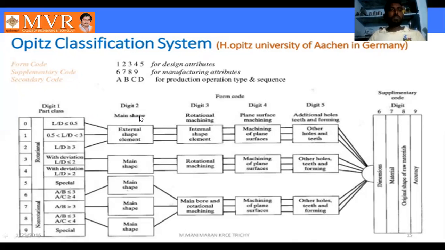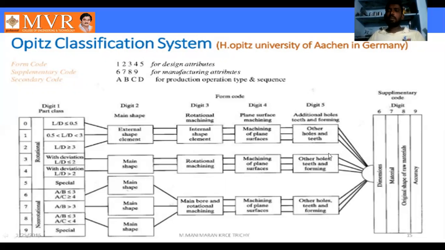Digit 2 is main shapes, external or internal, whatever it may be. Digit 3 is rotational machining, internal and external. Digit 4 is plane surface machining. Digit 5 is additional holes, teeth and forming.